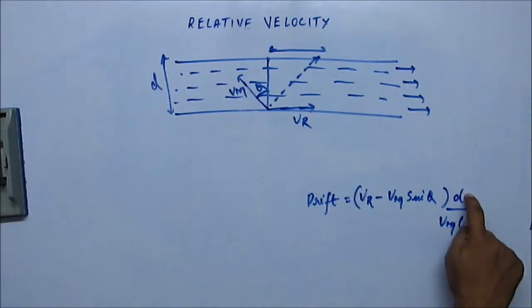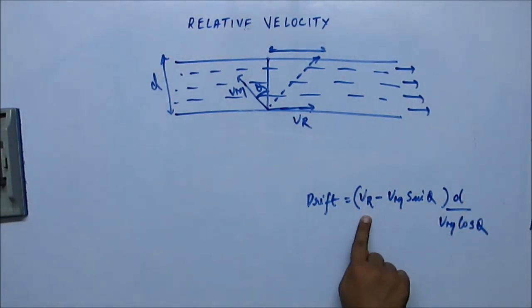The width of the river is also constant, Vm is constant, Vr is constant. So the variable here is theta. So drift is a function of theta, and we have to minimize drift when theta is variable.